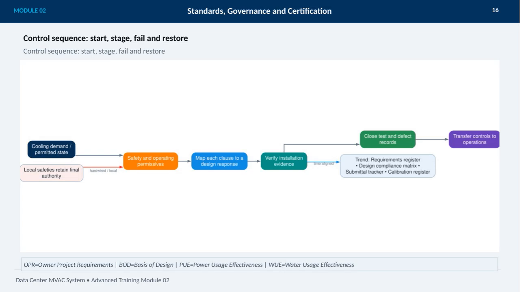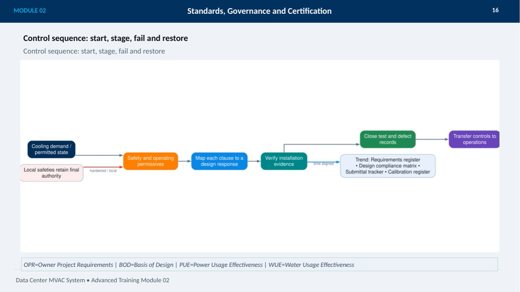This module focuses on standards, governance, and certification specifically for data center MVAC systems. We'll be covering the essential control sequence of start, stage, fail, and restore. The process is broken down into several key steps, starting with freezing applicable additions to ensure we work with the right standards. Next, we'll map each clause to a design response to align requirements with practical implementation.